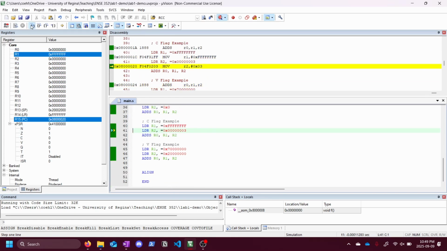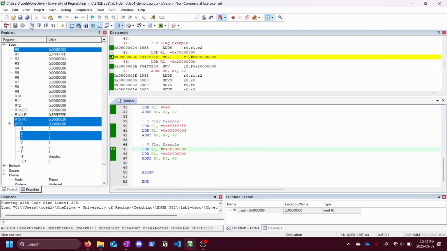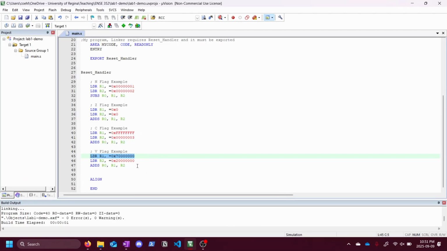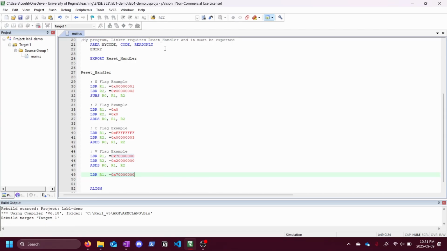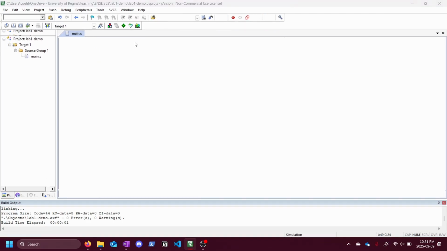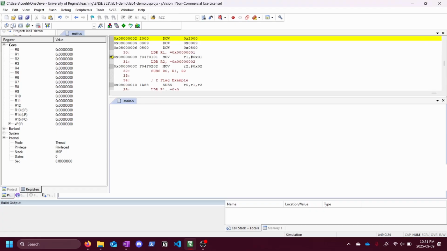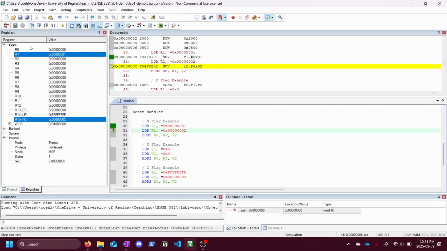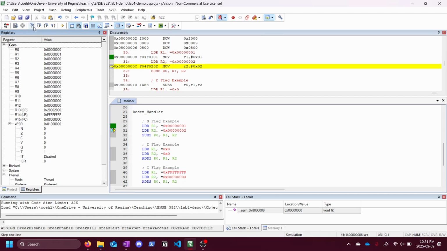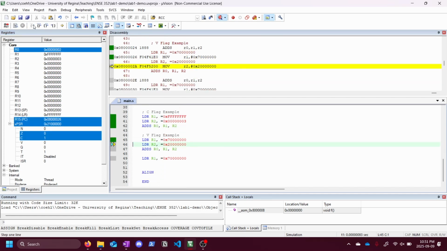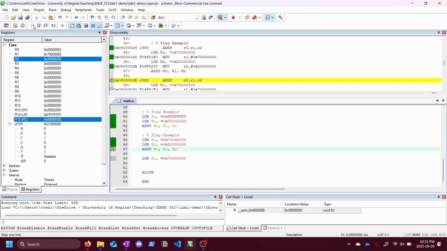For some reason, the debugger doesn't like to execute the last instruction all the time, so I'm going to add an extra instruction after this, just so it'll hopefully work. Okay, and we'll step through that again. Okay, and add. There we go.